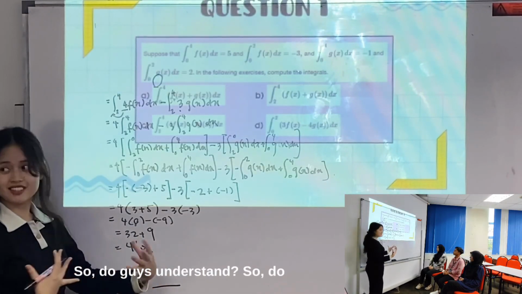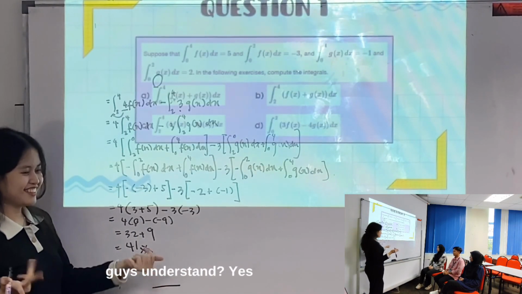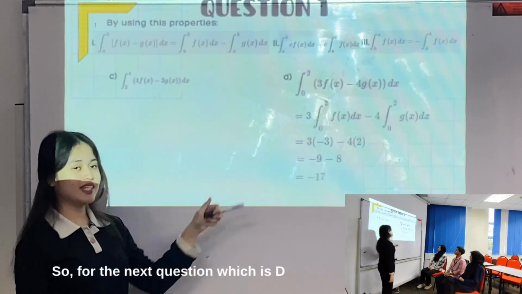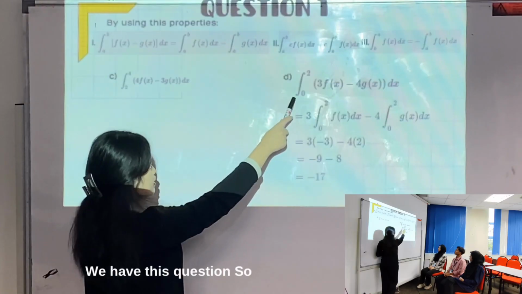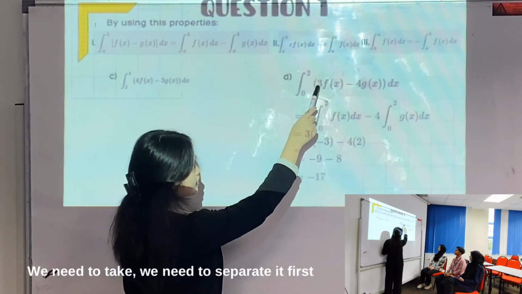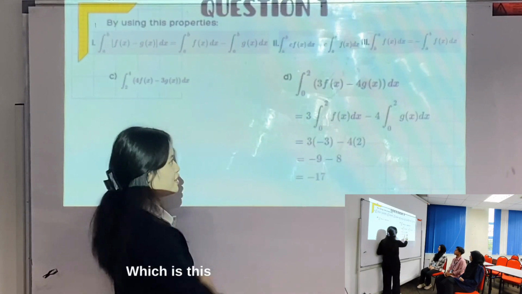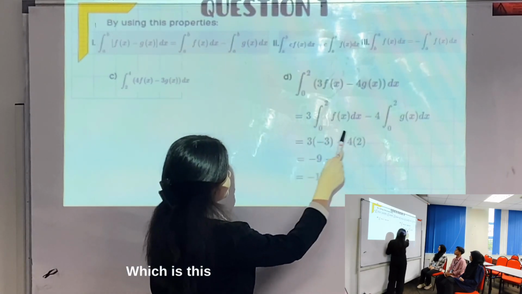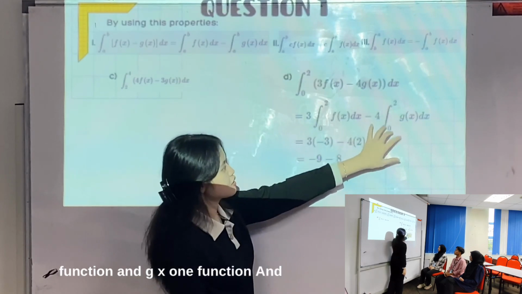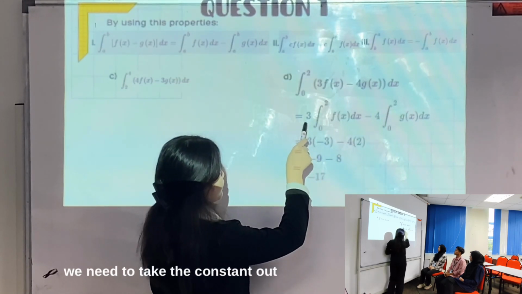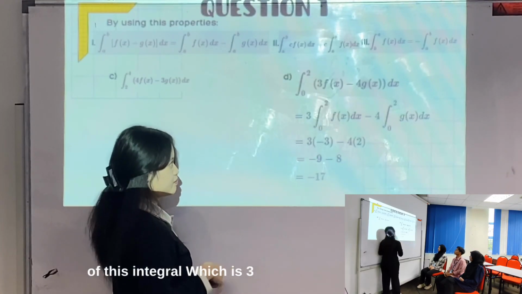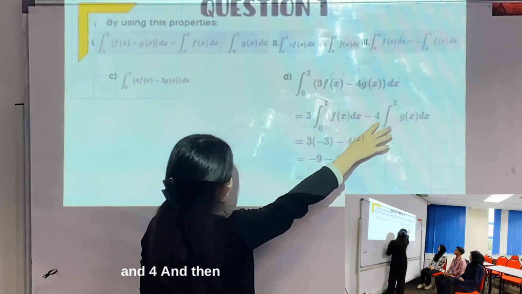Do you guys understand? So for the next question, which is D, we have this question. Same as before, we need to separate it first. You can see f(x) is one function and g(x) is one function, and we need to take the constants out of this integral, which are 3 and 4.